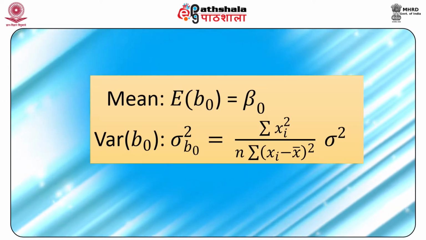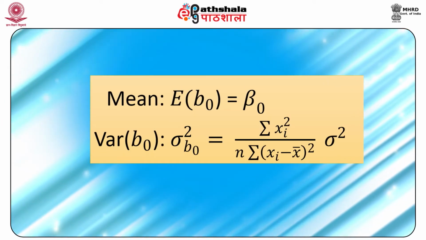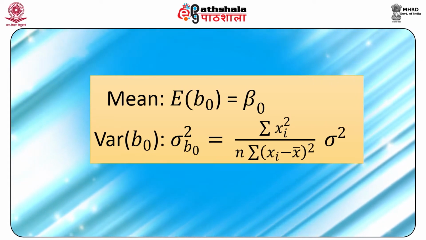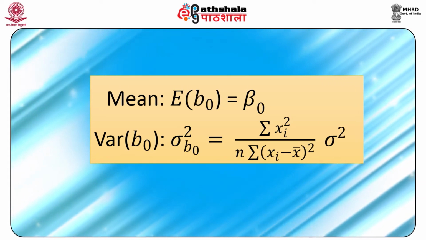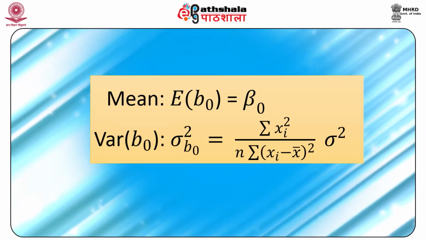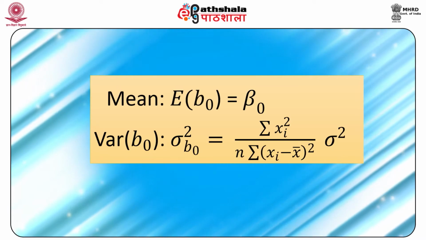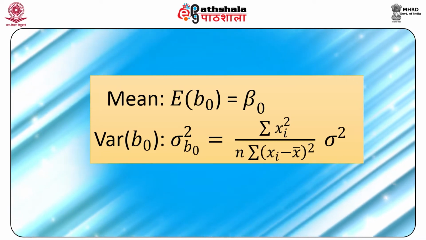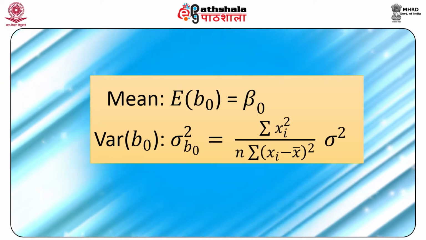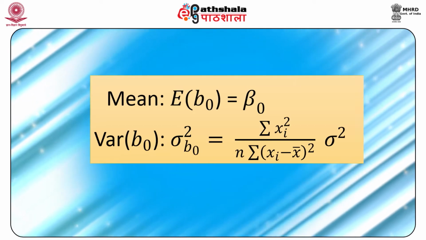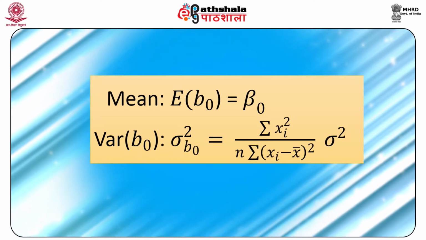The fourth property under normality is that the OLS estimator B0, being a linear function of mu i, is normally distributed with mean, expected value of B0, equal to beta 0 and variance of B0, say sigma B0 square, equal to sigma xi square upon n into sigma xi minus x bar square into sigma square.